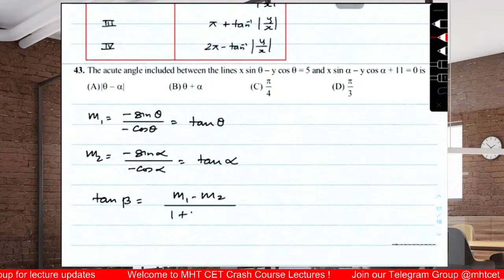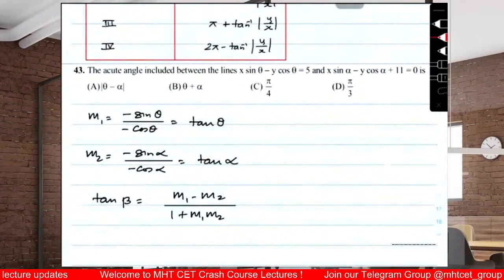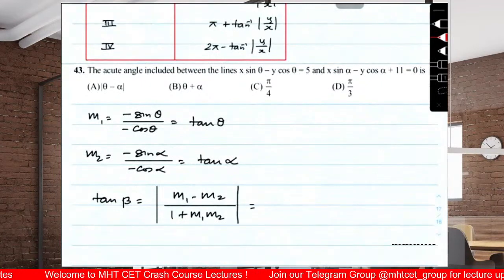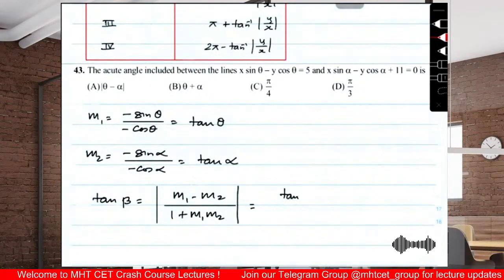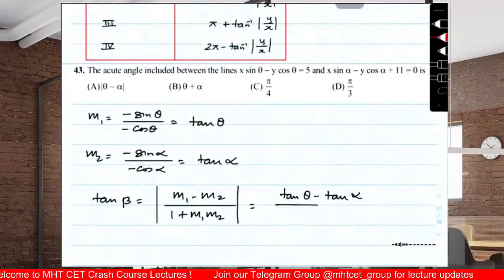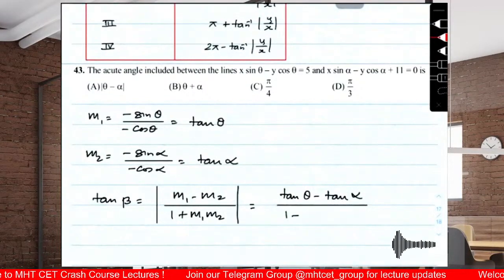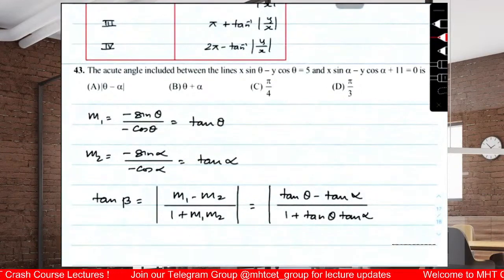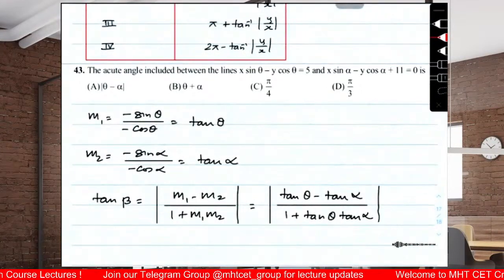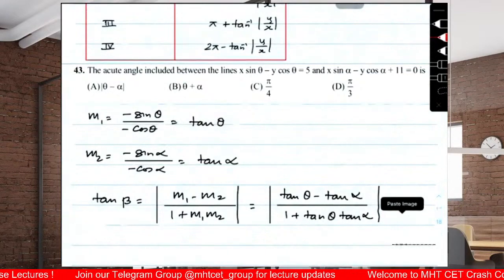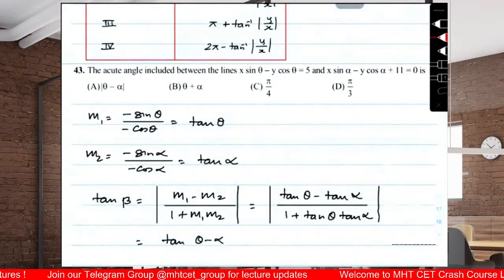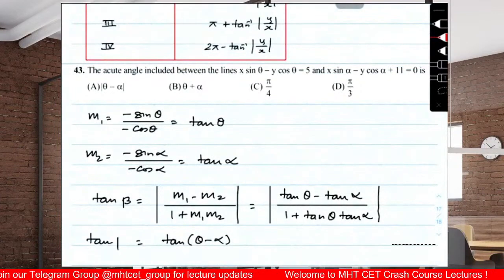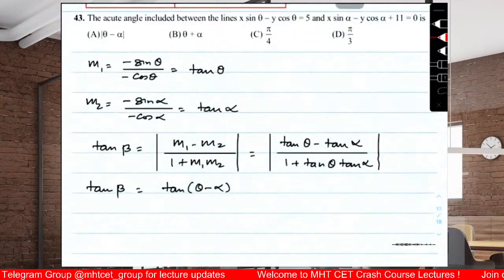ना तो सिंपल है ये. This is tan theta minus tan alpha divided by 1 plus tan theta tan alpha. Okay, there is tan of theta minus alpha. ठीक है.